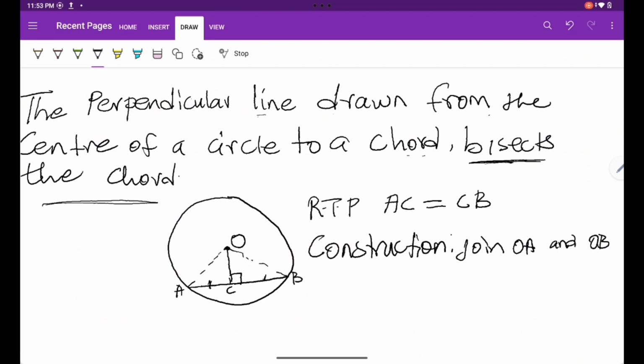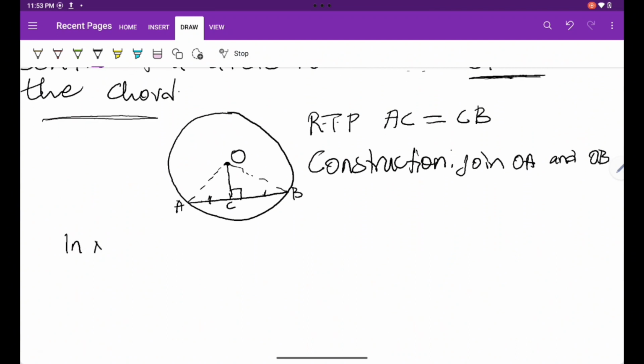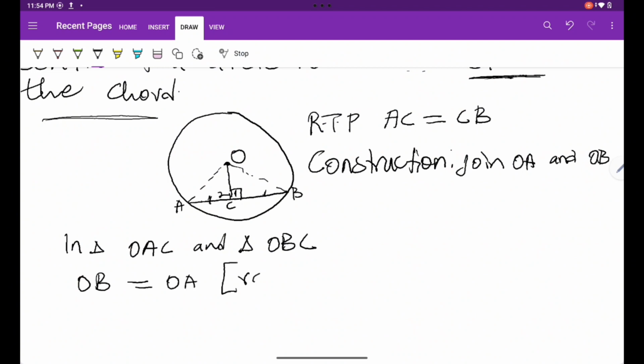Right, so now we have two triangles. In triangle OAC and triangle OBC, we can even have angles C1 and C2. We realize that OB equals OA because they are the radii of the circle.